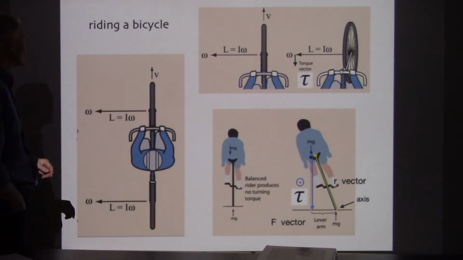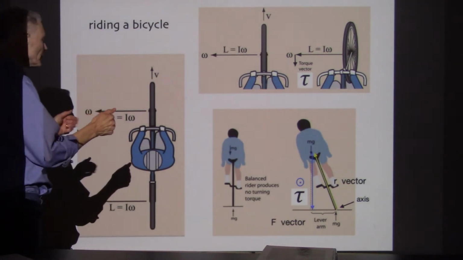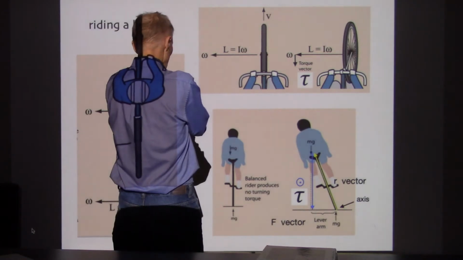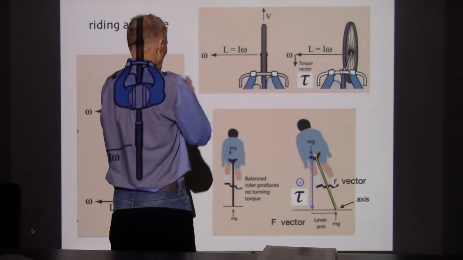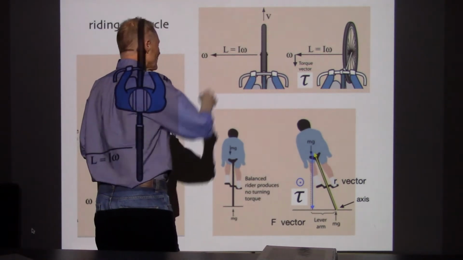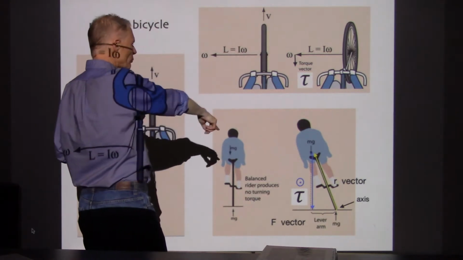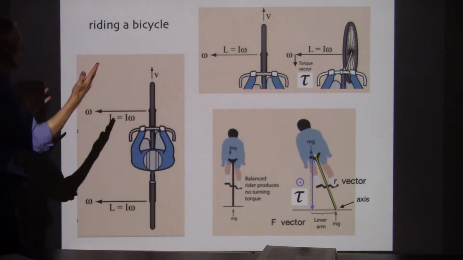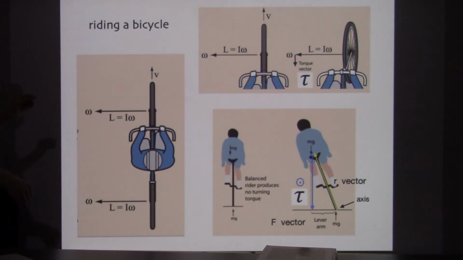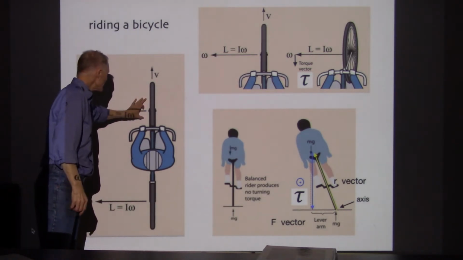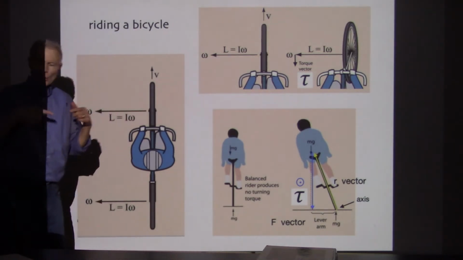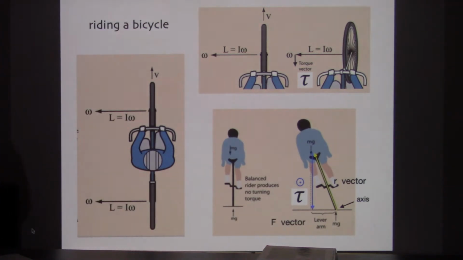So what happens is, if there's no torque, if I'm maintaining my vertical orientation on my bike so that the mg force is right over the normal force, then there's no torque, and actually the faster my bicycle is going, the more angular momentum that's built up, the easier it is to balance on a bicycle, right?